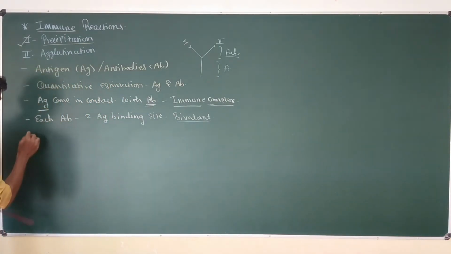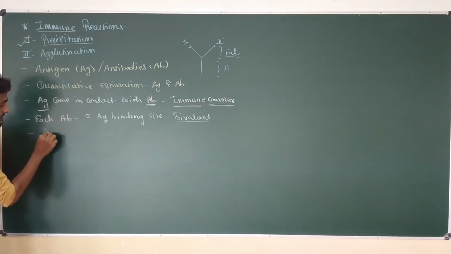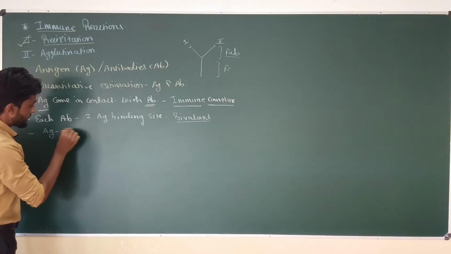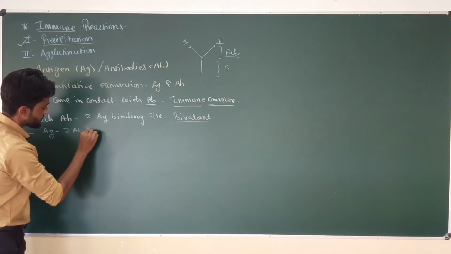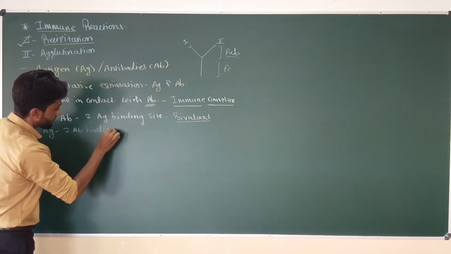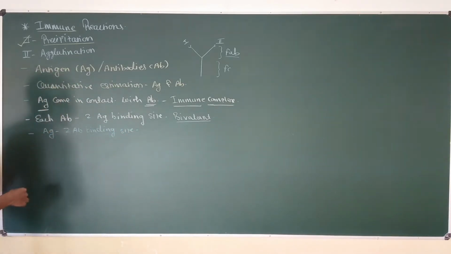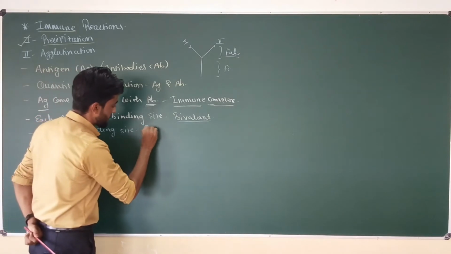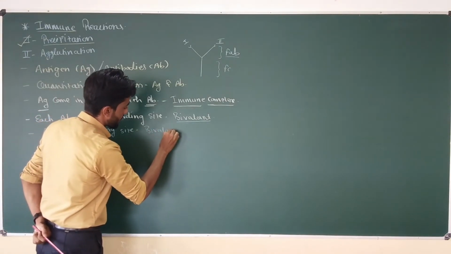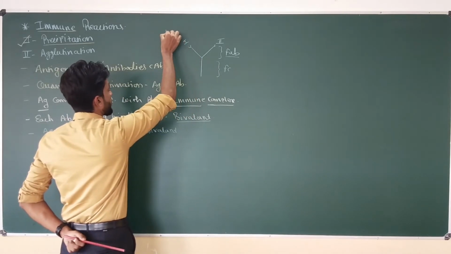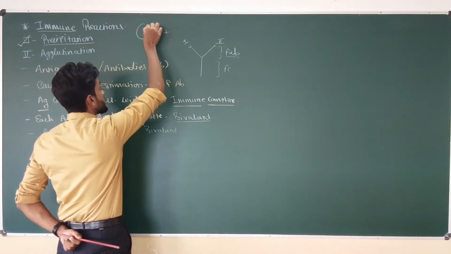Now, if an antigen has two antibody binding sites, in that case, such an antigen is also called a bivalent antigen. Suppose this is the antibody which is specific for this antigen.